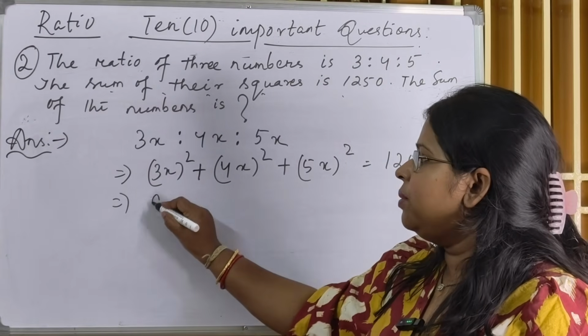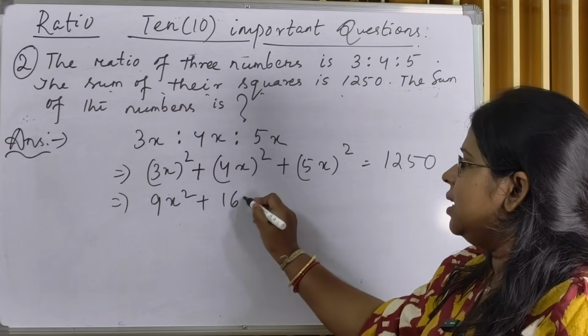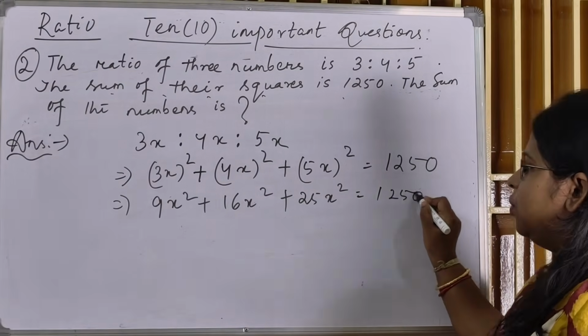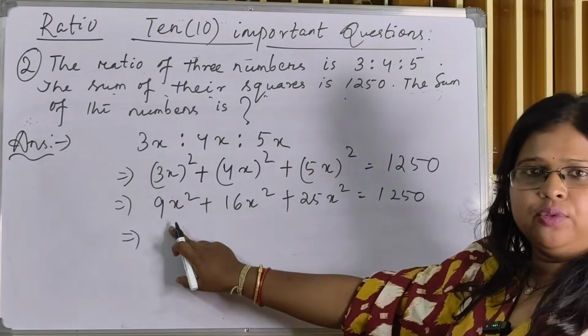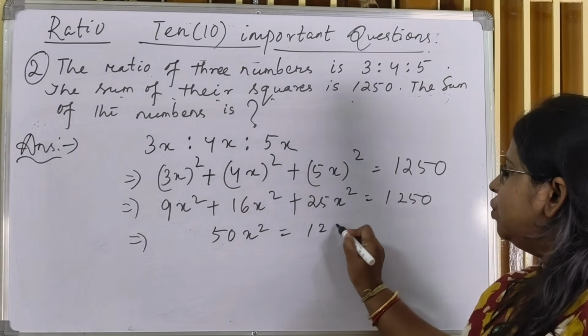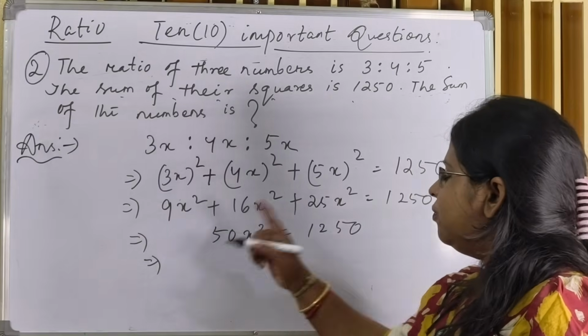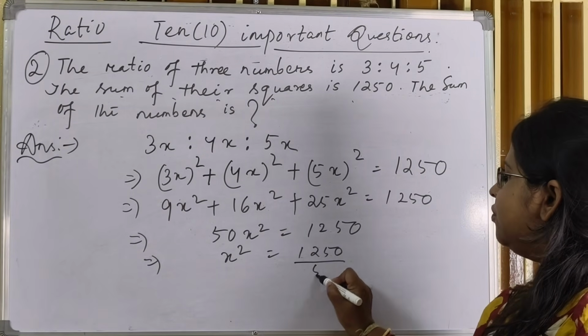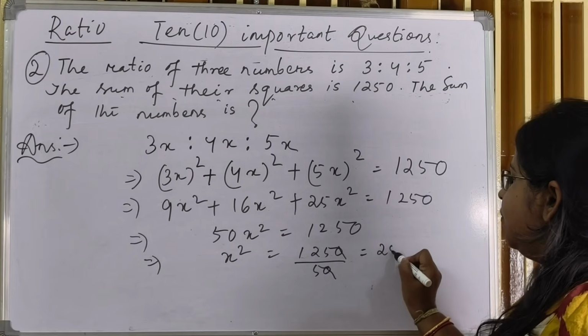Now 3x square means 9x square, 16x square and 25x square is 1250. Now add everything: 16 plus 9, 25, plus 25, 50. 50x square is 1250. Now take 50 to the opposite side, that is 1250 divided by 50, 25.